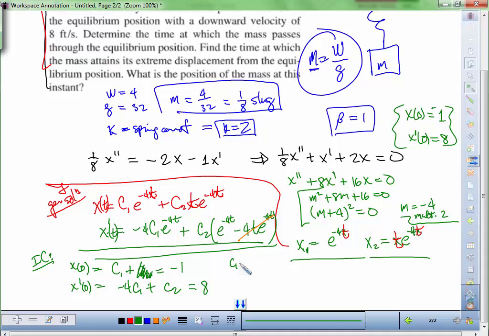So we got C1 is equal to negative 1. Put that into the second equation. Positive 4 plus C2 is equal to 8. So C2 is equal to 4.